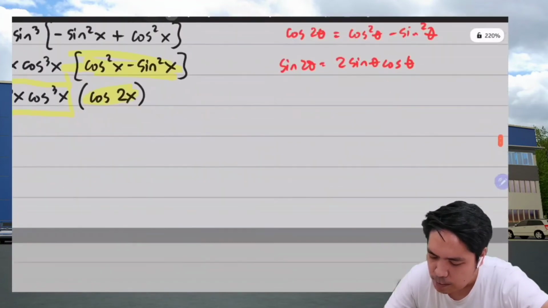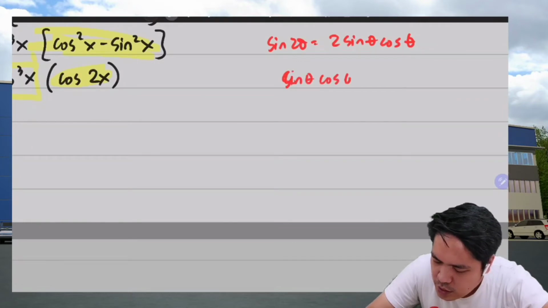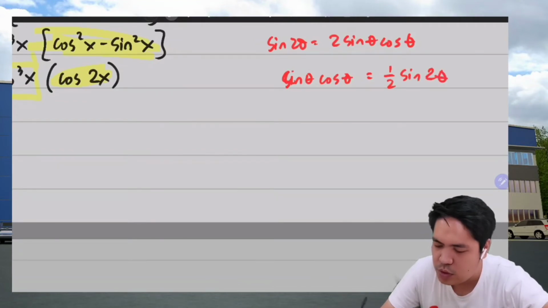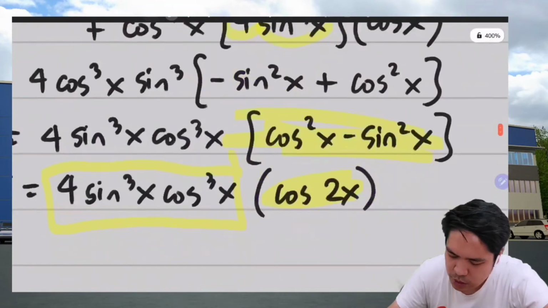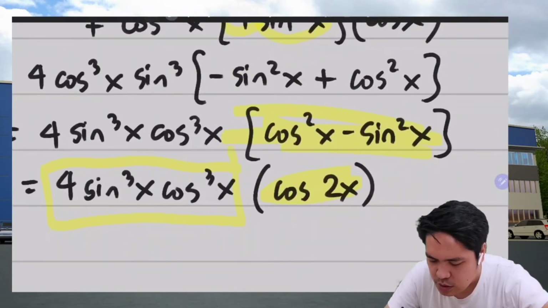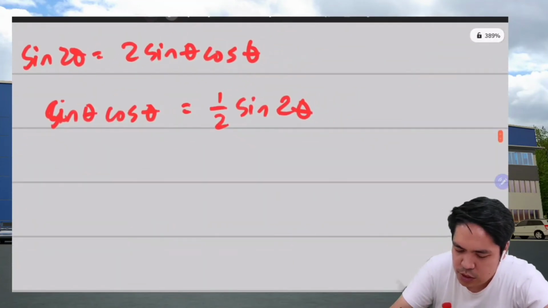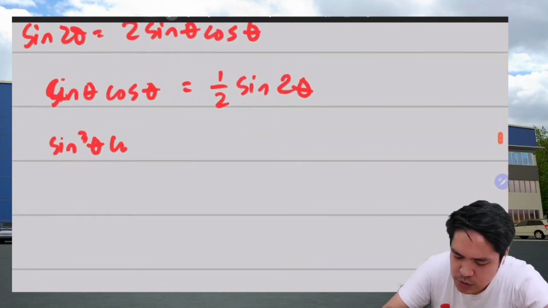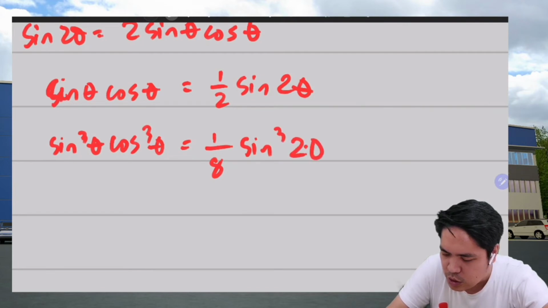Therefore, we could say that sine theta cosine theta is equal to 1/2 of sine 2 theta. This is raised to 3, right? Sine cube x times cosine cube x. So if we raise both sides of the equation to the third power, we'll have sine cube theta times cosine cube theta equal to 1 over 2 cube, which is 8, times sine cube 2 theta.